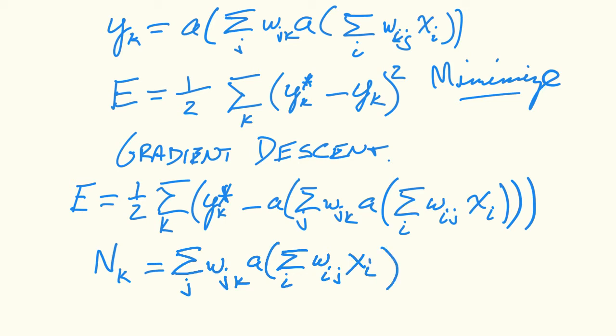And let's also let M sub J be equal to this inner piece, so we can say the sum across all I of W I J times X sub I.